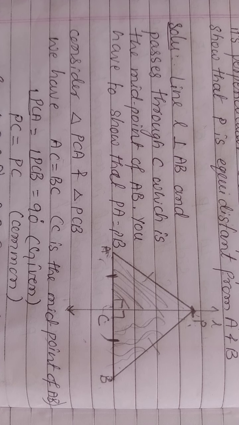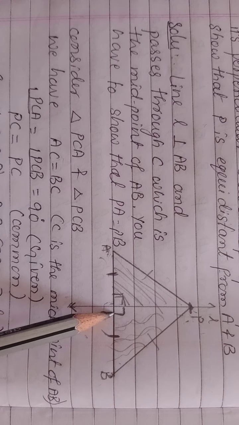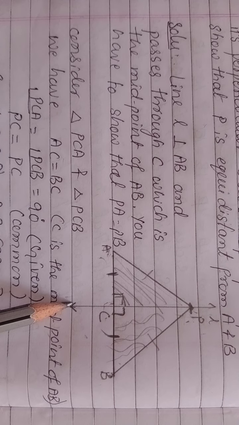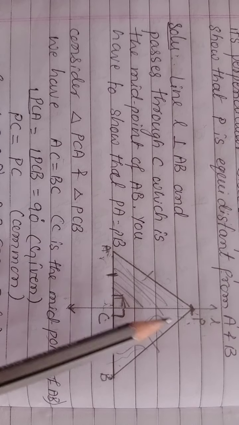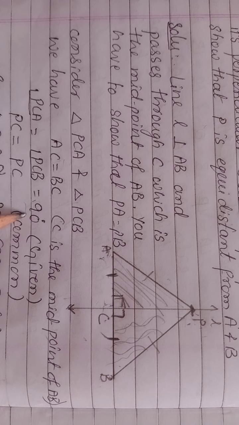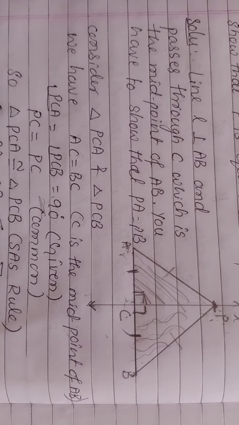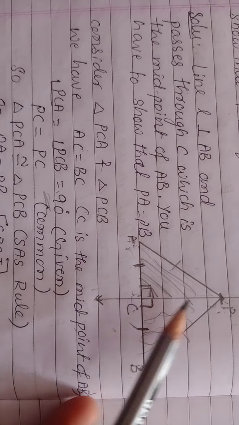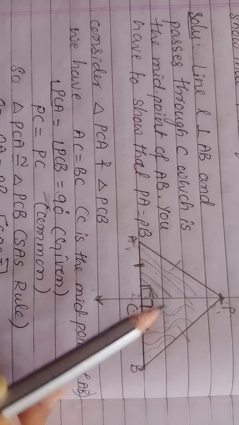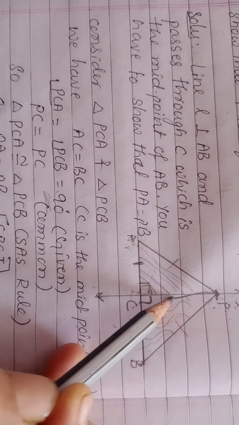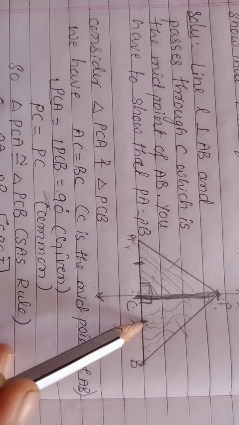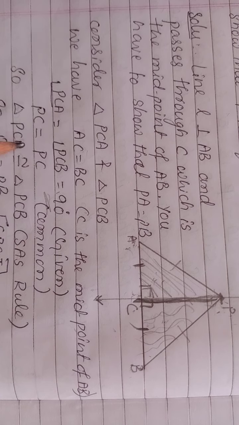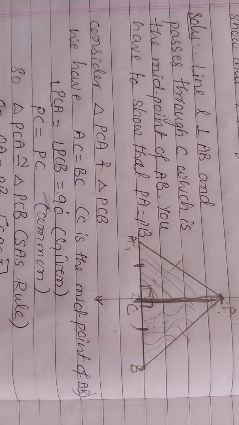Now, this angle, because it is a perpendicular bisector, it will be 90 degrees. So, angle PCA will be equal to angle PCB, that is 90 degrees. And you can observe, PC is the common side for both the triangles. That's why PC is equal to PC, which is the common side.